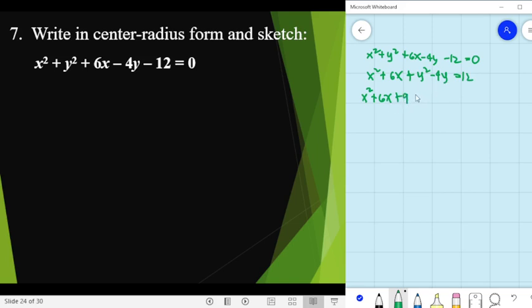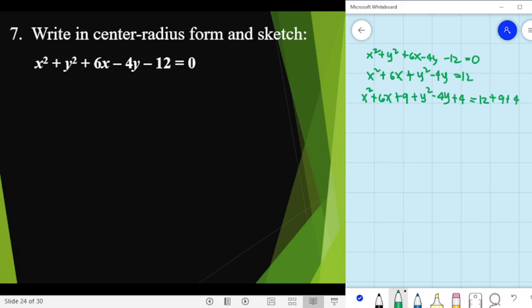Then for here, we're going to copy y squared minus 4y. Negative 4 will be multiplied to the 1/2. So negative 4 times 1/2 is negative 2, and the square of negative 2 is positive 4, equals 12. Copy 12, and since we are adding 9 and 4 on the left side, we need to add also 9 plus 4 on the right side.